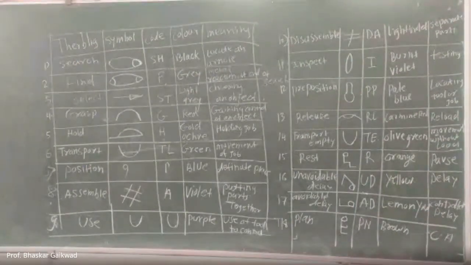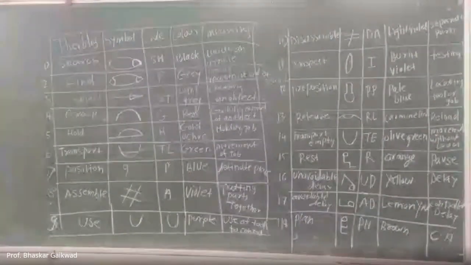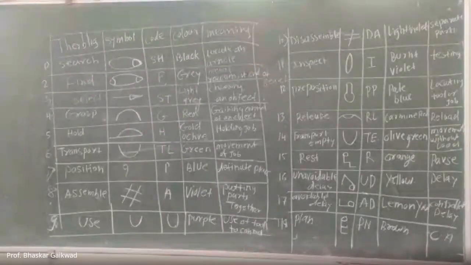The simultaneous motion chart is actually a graphical representation of the micro motion of the hand of the operator under study, visually. The therbligs of the two hands are recorded. Examples I have given. Suppose one man is doing the assembly of your hand watch.